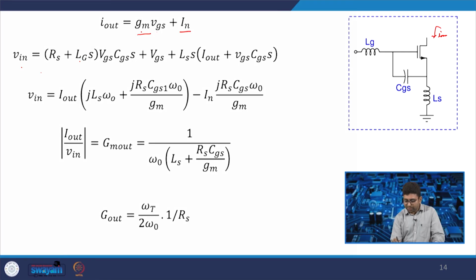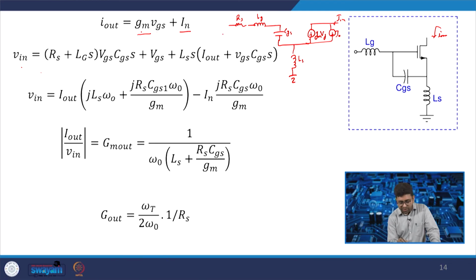So if we make an equivalent circuit here, this is Lg, there is Rs, capacitor CGS, Ls, Gm into VGS, and the current In, and this is I out.